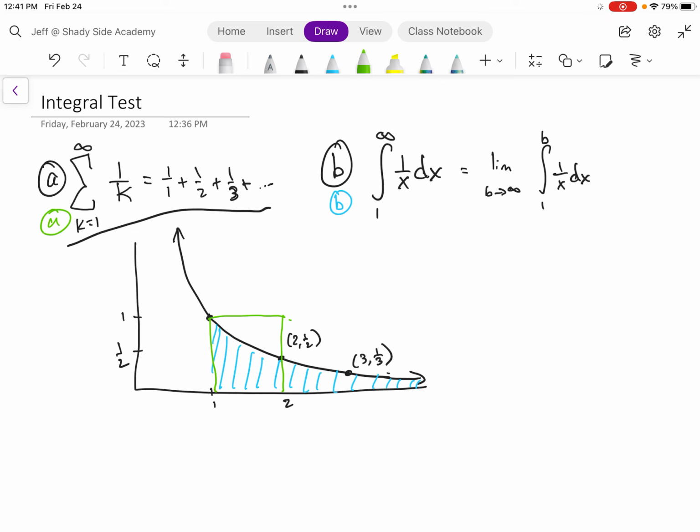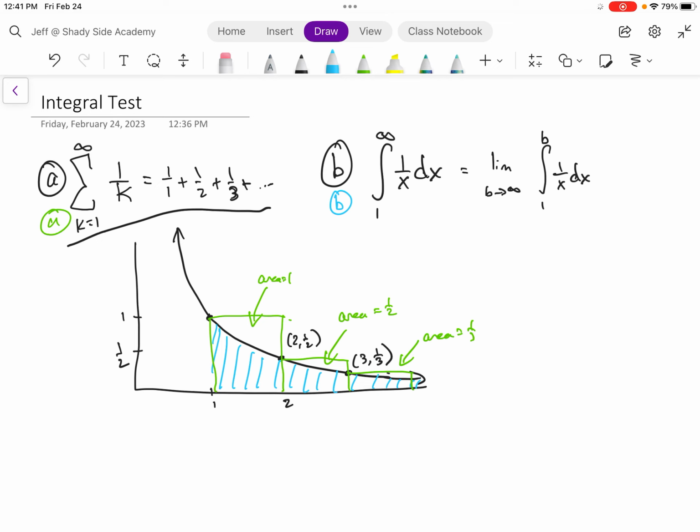This green box has area a half, and this looks like a left Riemann sum. And this area equals a third. And we see that these two things are very, very related.